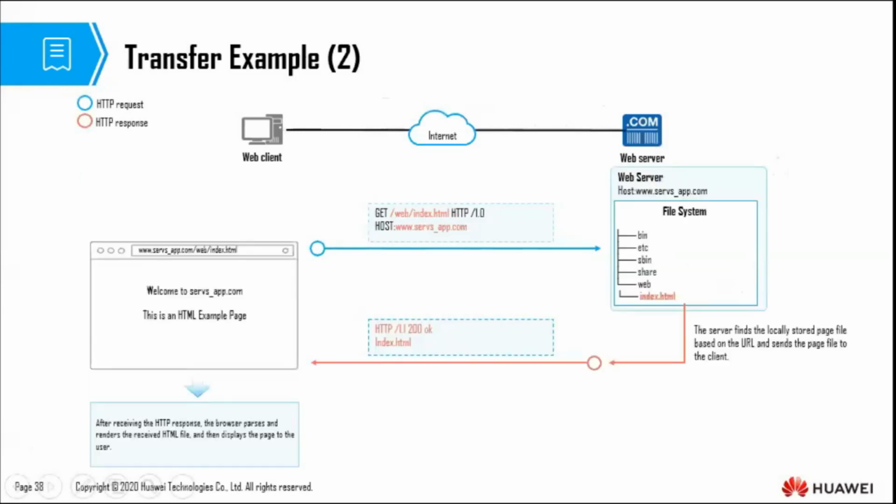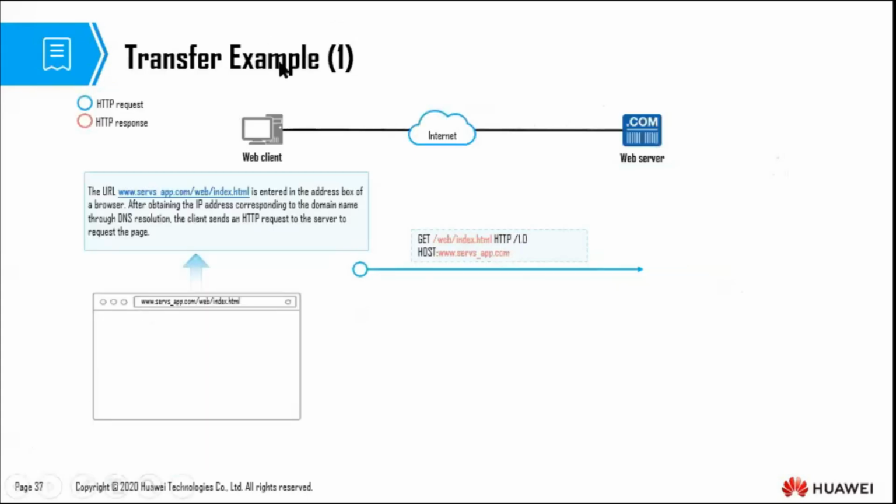Okay, so this is just a transfer example. The example here simply shows that you've entered a certain URL in your browser. So when you enter that URL, the request is sent and it uses the GET method to get this resource, web/index.html.